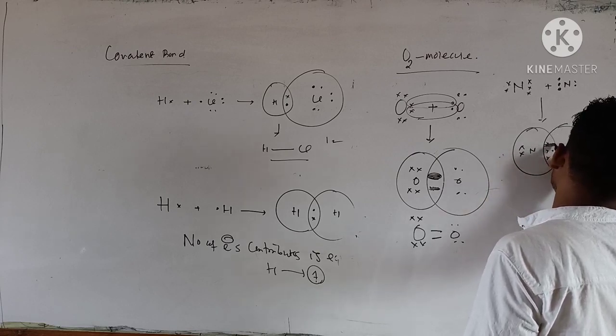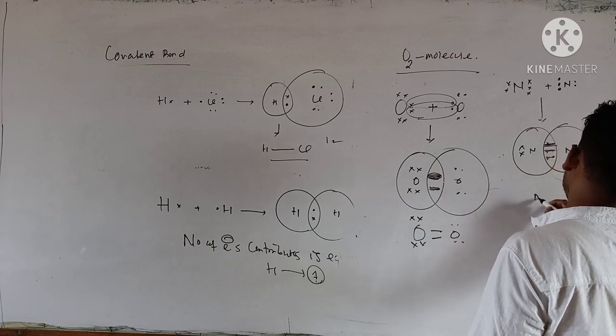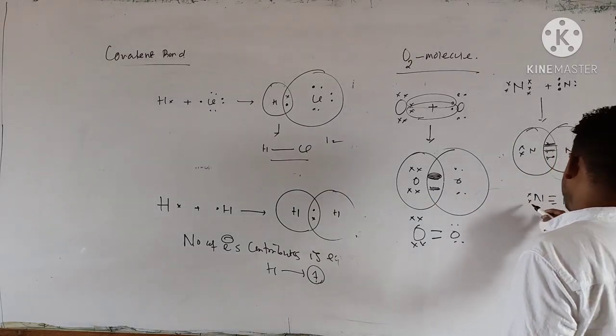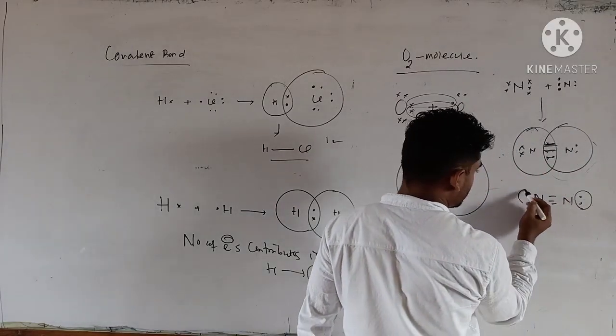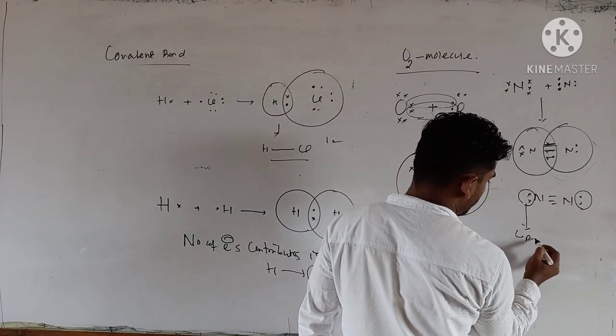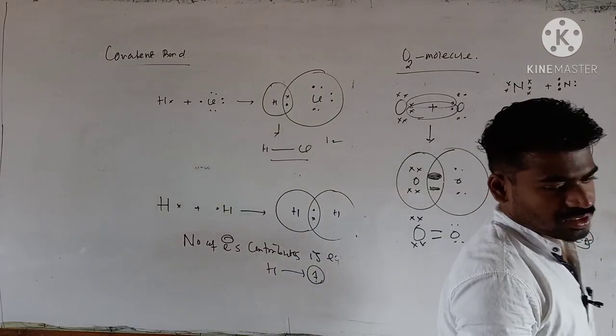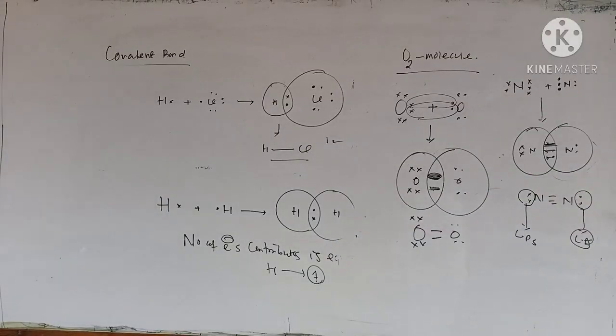So this is one covalent bond, one covalent bond. So there exists nitrogen triple bond nitrogen, and the pairs of electrons which do not participate in bonding are called lone pairs of electrons. This is the formation of covalent bond.